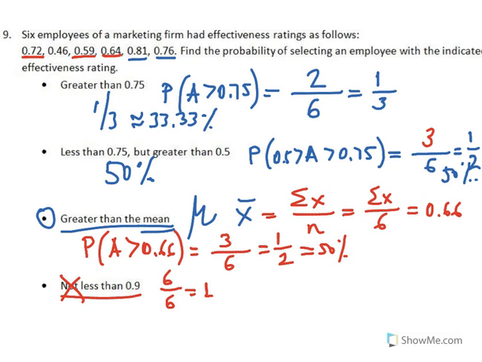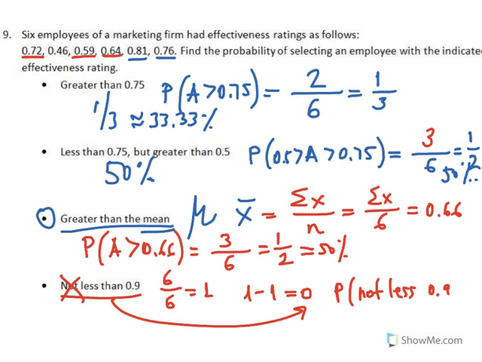Not less would be the complementary event of this. So 1 minus 1 would be 0. So the probability of not less than 0.9 will be 0%, because none of them were not less than 0.9.